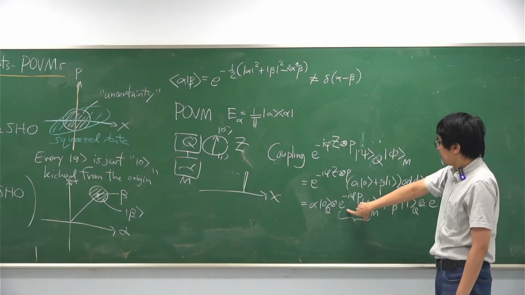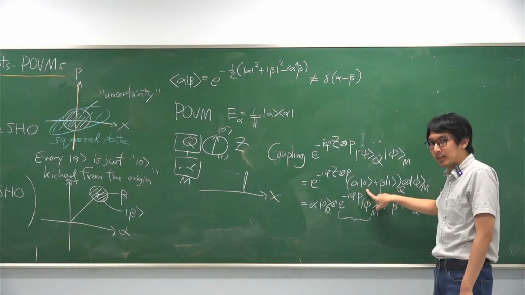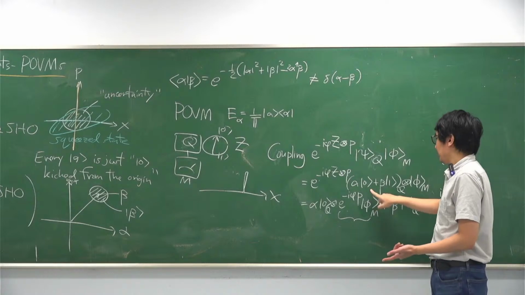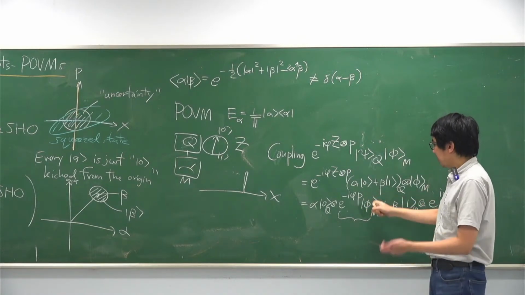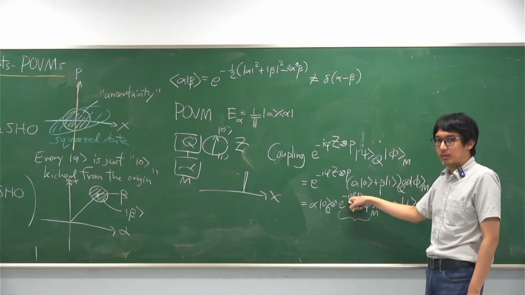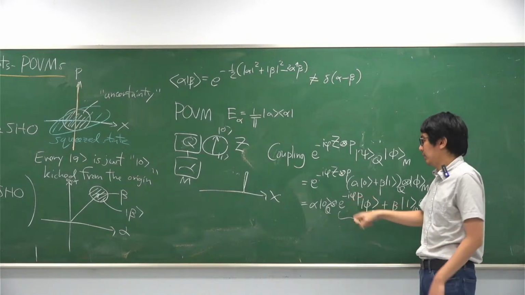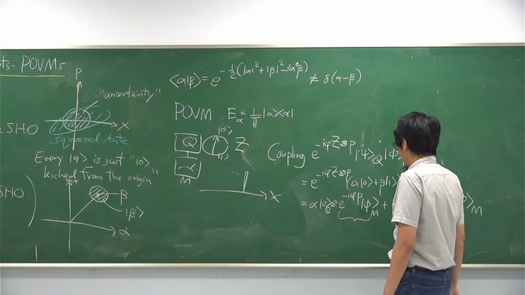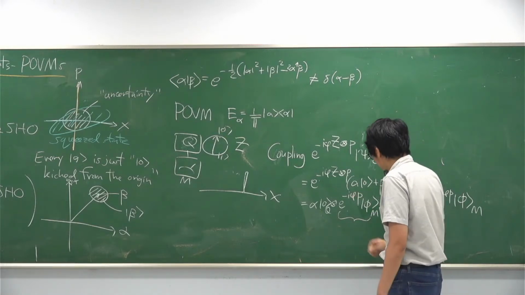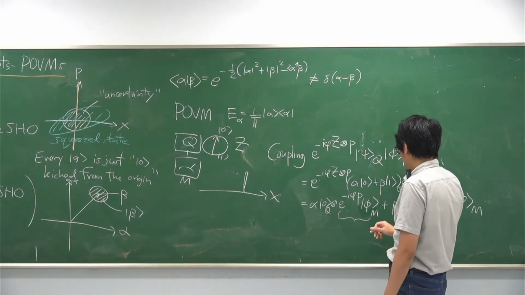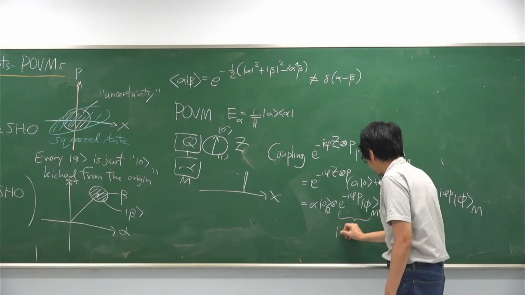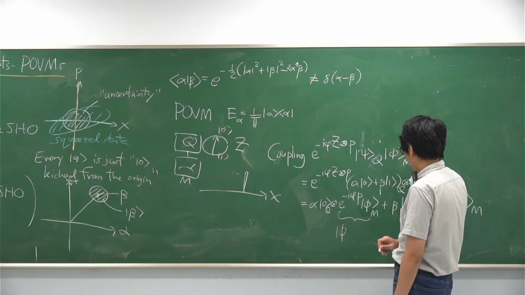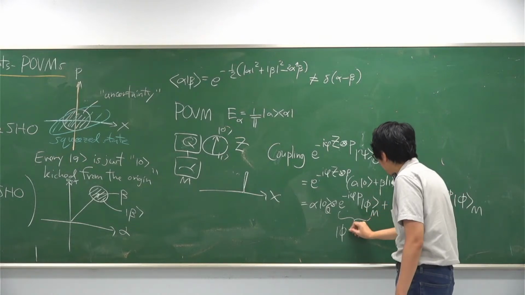This is a unitary operator generated by the momentum, so it's a translation operator that kicks the system to the right by length phi. Maybe I should put some Latin alphabet here, but oh, now there's two phi. That's fine.